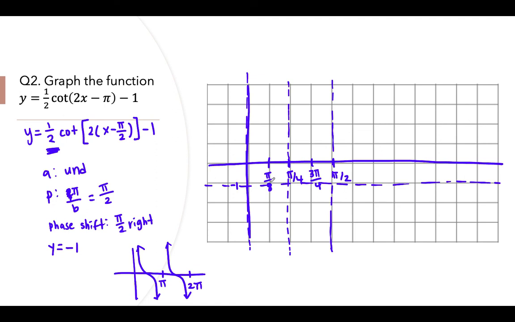So at pi over 8, this is where the axis of the 0 is. Okay, and it's going to be this way. Okay, and then at 3 pi over 4, it's going to be this way.